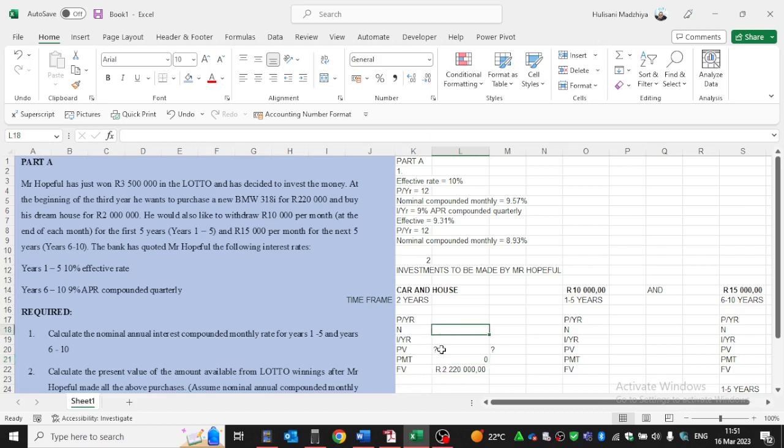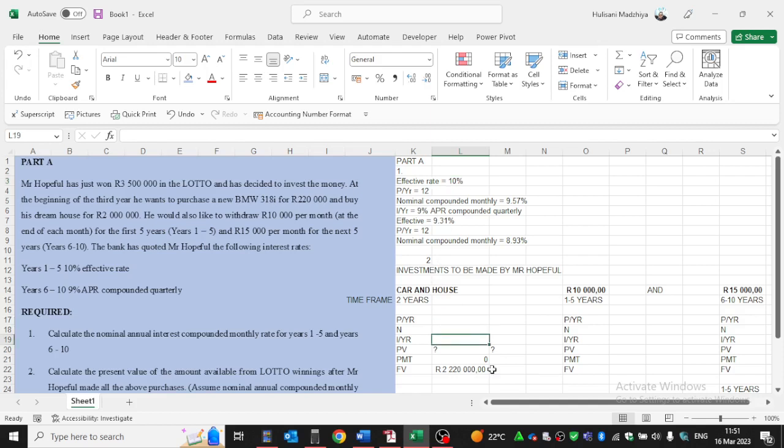And then we move to the number N. Number N can be calculated in two methods. We have an effective interest rate of 10%. We know that if he invests a certain amount and earns 2,220,000 at the end of 2 years, this amount is going to earn an effective interest rate of 10%.